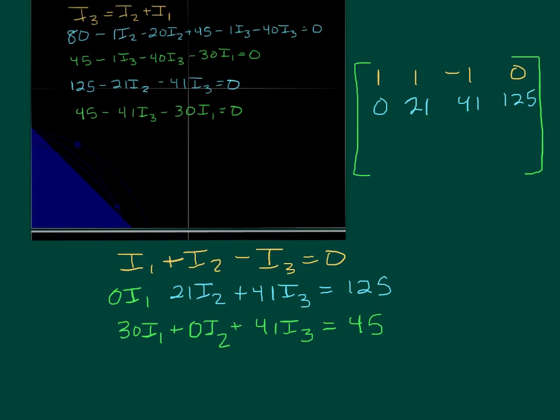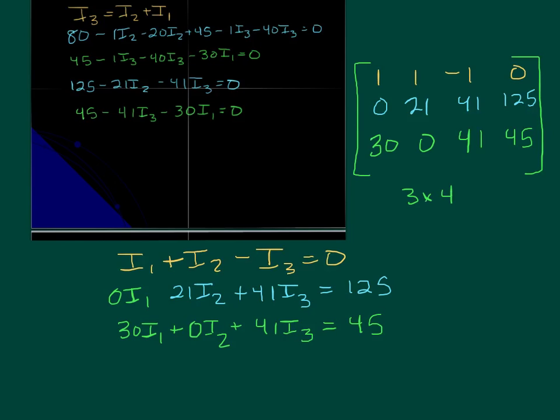And then the third equation becomes 30, 0, 41, 45. So this is a 3 by 4 matrix.